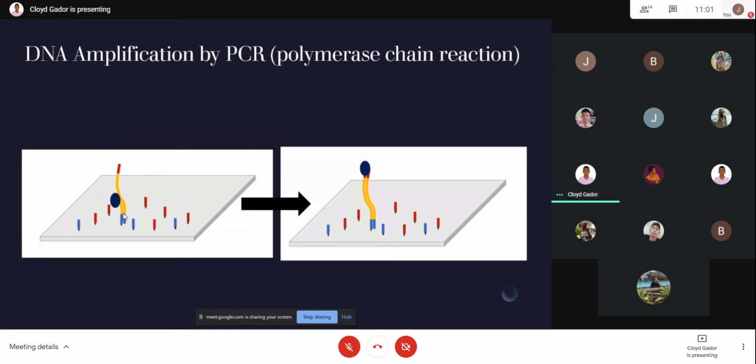After that, it undergoes a process called DNA amplification by PCR, or polymerase chain reaction. The first step in the flow cell is the DNA amplification by PCR.